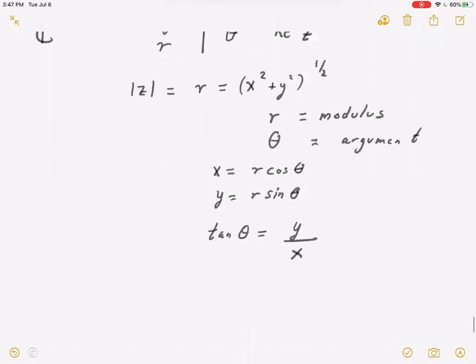Okay, so we need some tools to get a better understanding of what this vector or point looks like in my two-dimensional complex space.